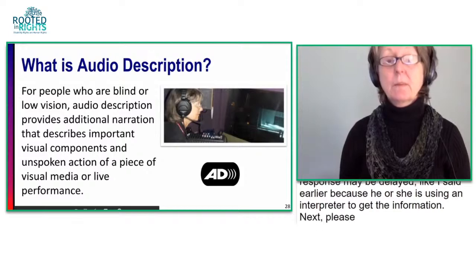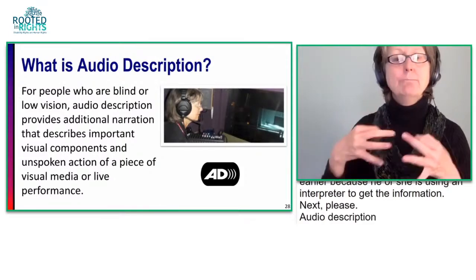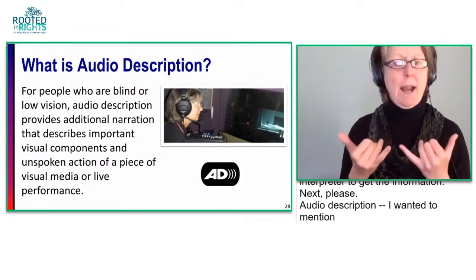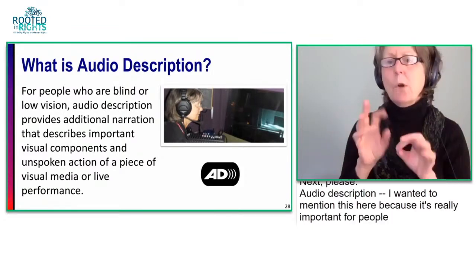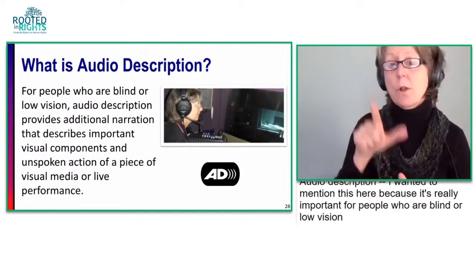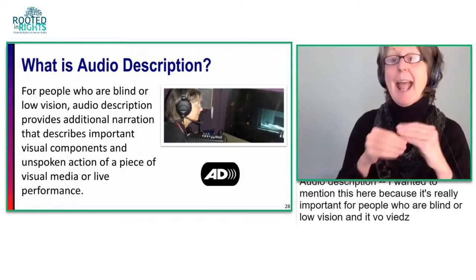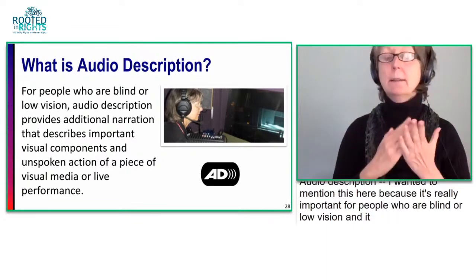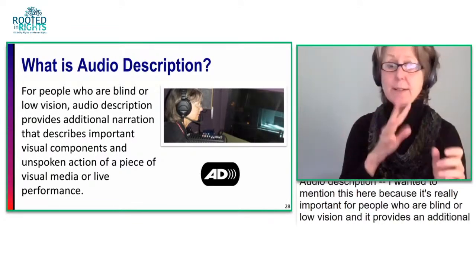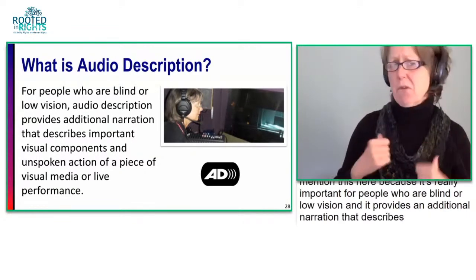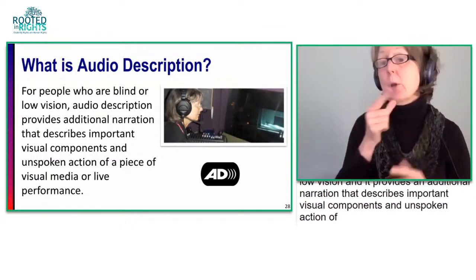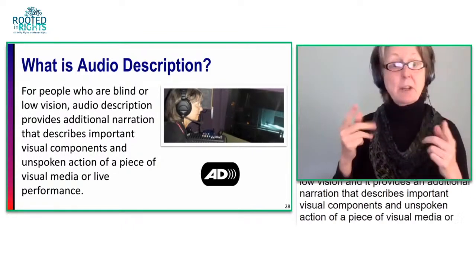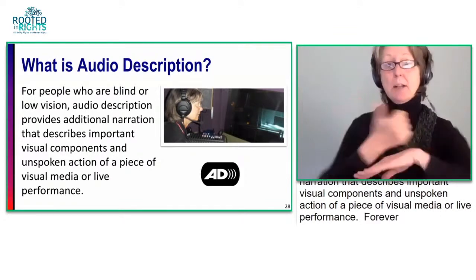Audio description. I wanted to mention this here because it's really important for people who are blind or low vision, and it provides an additional narration that describes important visual components and unspoken action of a piece of visual media or a live performance. For example, someone who is blind or low vision will not know that someone who is walking across the stage did a cartwheel.